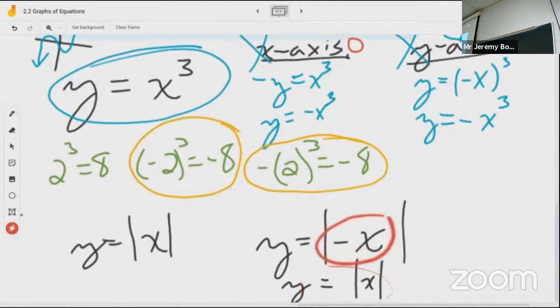So if you have a negative variable in an absolute value, you could just write it as the absolute value of that variable there. Now it has to be, let me make sure, yeah, it has to just be the variable by itself. You can't do, I'll do it in red so you know you can't do it.